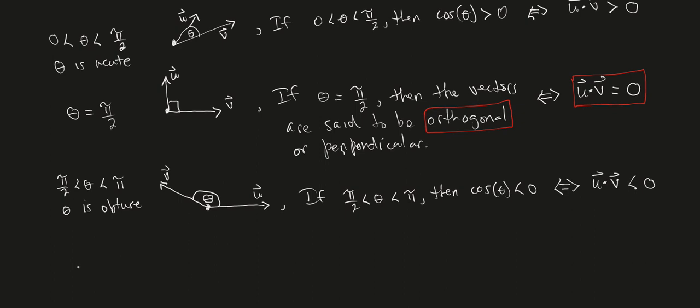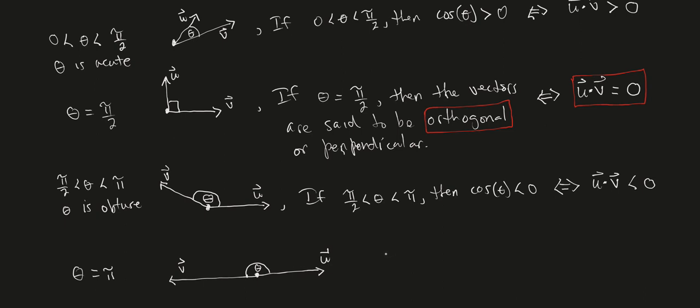And then the last case now is, what about the other extreme? What happens when theta is equal to pi? Well, when theta is equal to pi, it means the vectors are oppositely directed. So that would be U, and then V would be going in the complete opposite direction, right? So that would be our theta. Well, what's the cosine of pi?